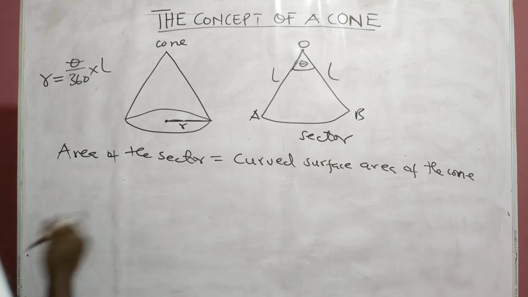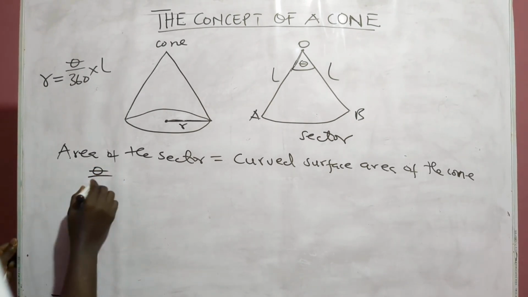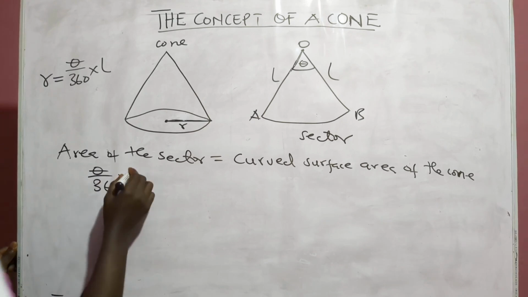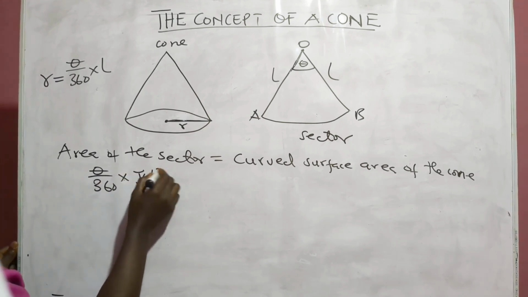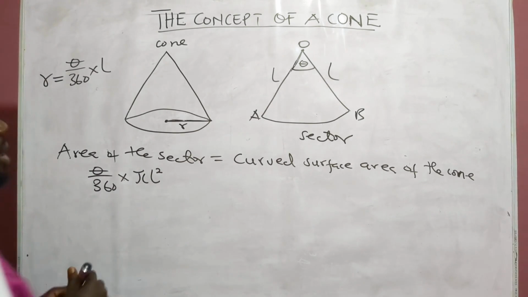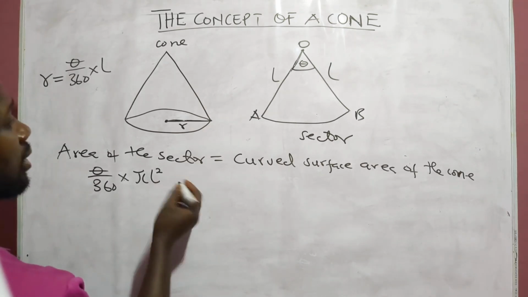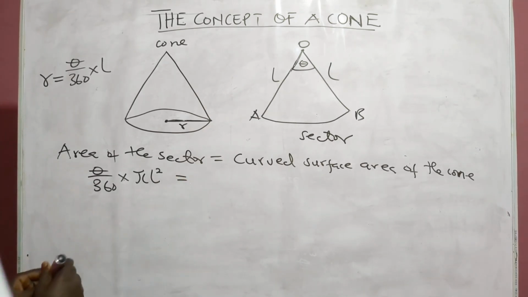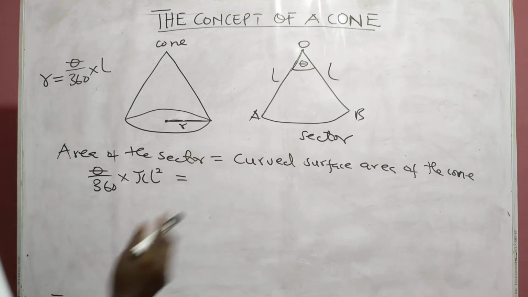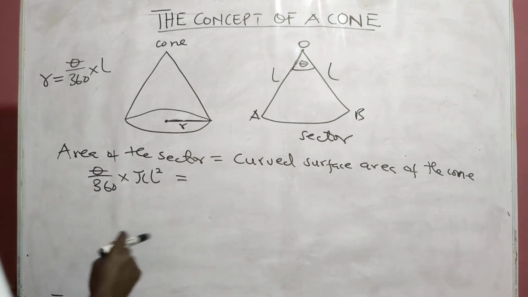So let's see the area of the sector. What is the area of the sector? It will be theta on 360 times pi L square, because now we are using L, instead of pi r square. So we are using L for the sector, and we are saying that it will be the same as the curved surface area of the cone.